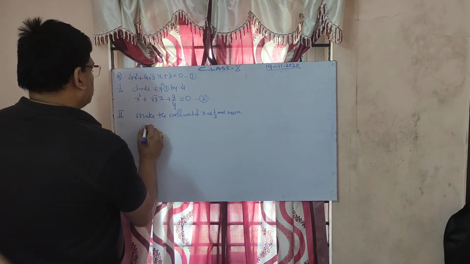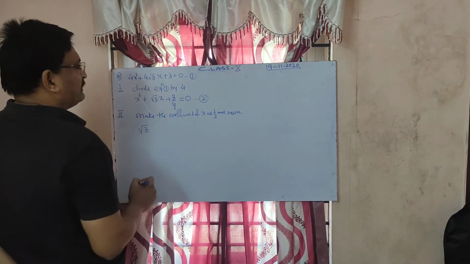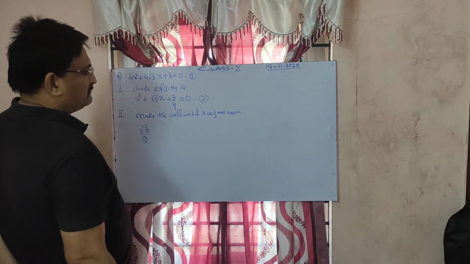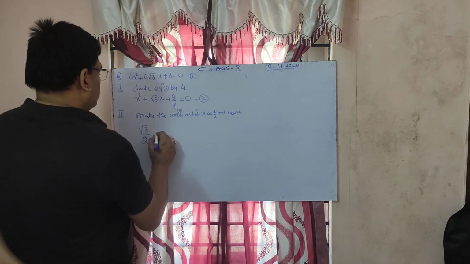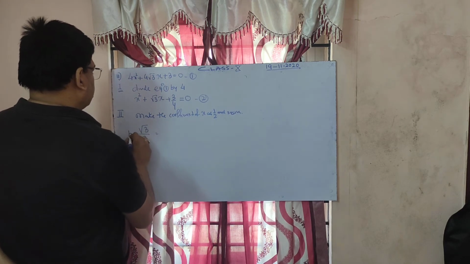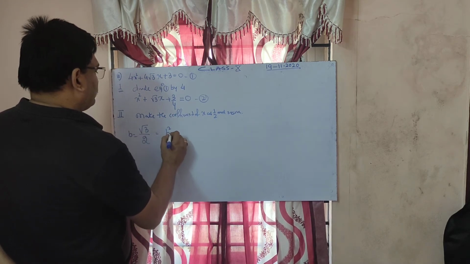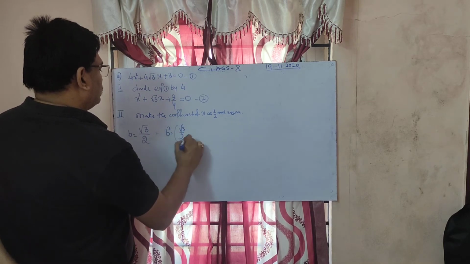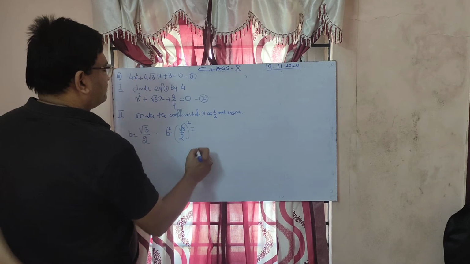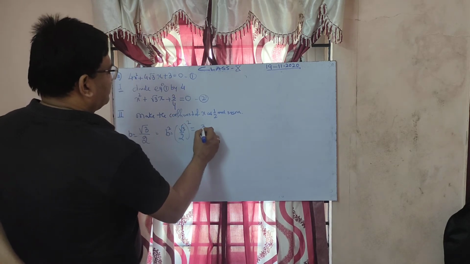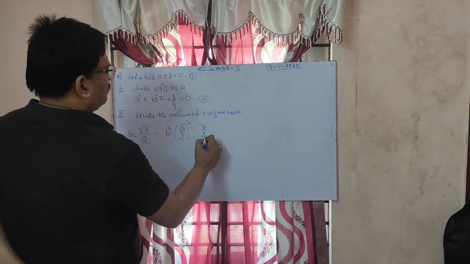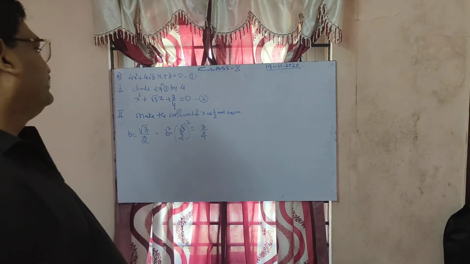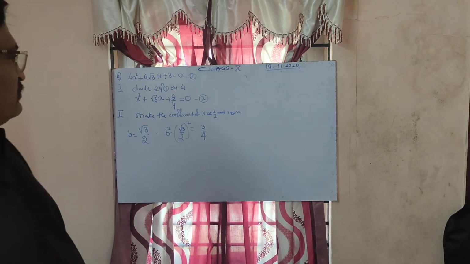So root 3 is the coefficient of x, and if you make it half, it becomes root 3 upon 2. If you square it, what happens? Root 3 divided by 2 square. Root 3 square is 3, 2 square is 4. It becomes 3 upon 4.